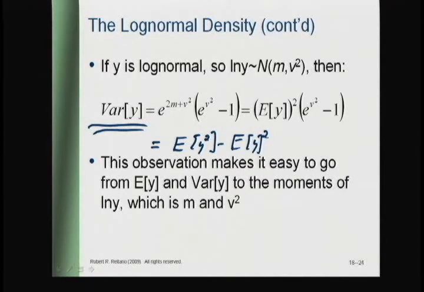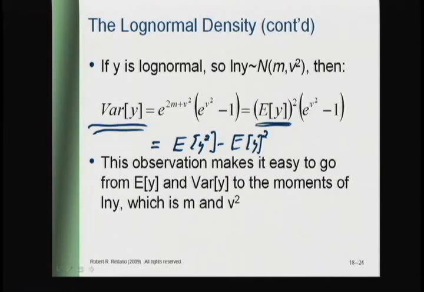So notice that by writing the variance of y using the mean of y expression, it's just a way of writing it. You can go from the parameters of the mean and the variance of the normal, you can go to the mean and the variance of the log normal, and conversely.